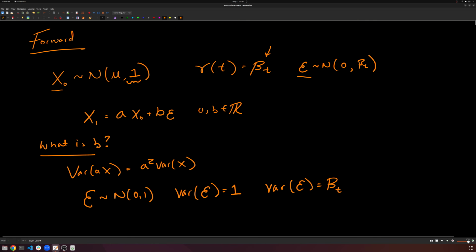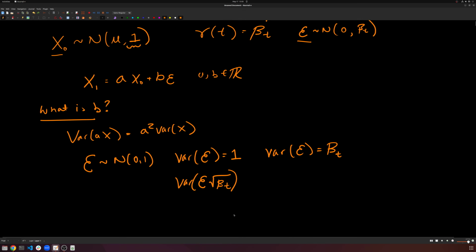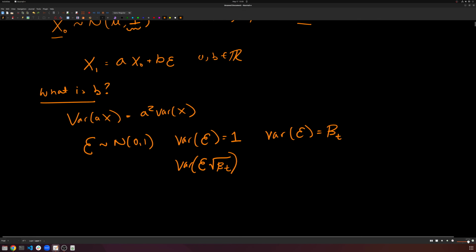So if we want the variance of epsilon to be beta t, that means if we do epsilon times the square root of beta t, let's just take the variance of that for example. Well, by our formula, beta t is just a constant, right, that comes from a scheduler.